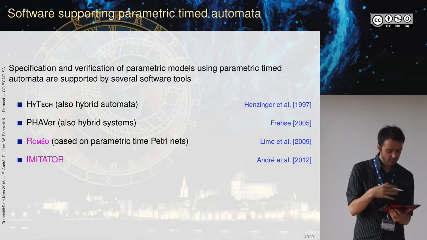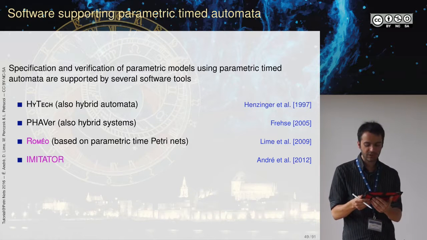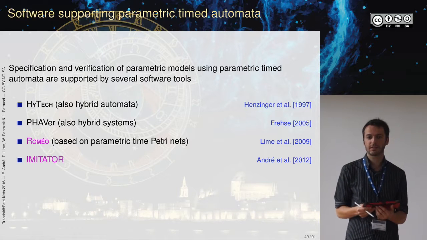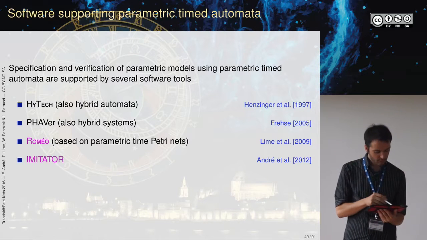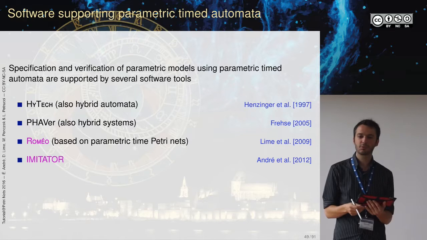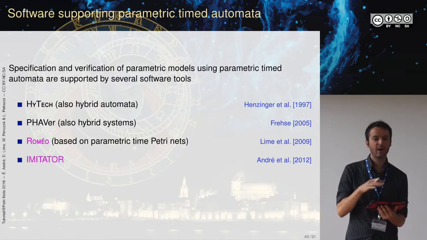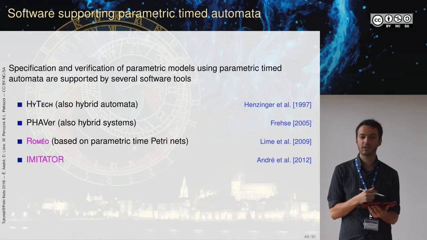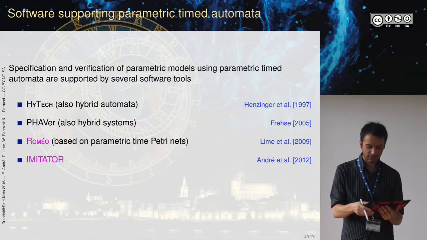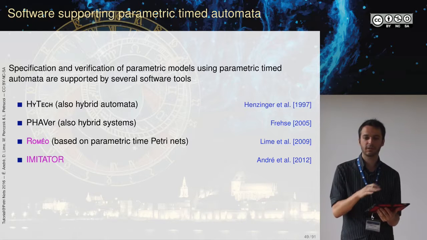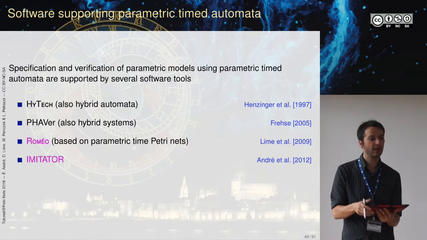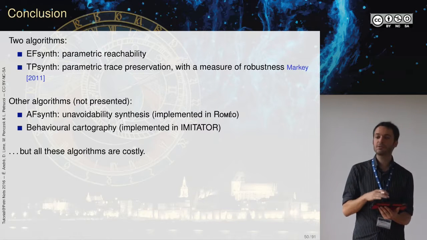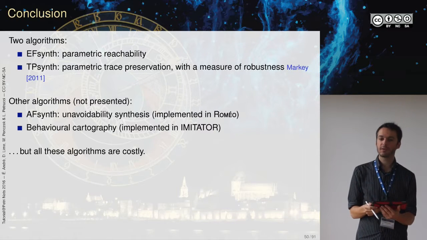Then SpaceEx and a bunch of other software on hybrid systems designed by Goran Frehse also support larger classes than timed automata. Romeo has been active since the mid-2000s and works on parametric time Petri nets, with also a translation from timed automata, if I am not mistaken. And IMITATOR is a tool that I also designed and works on parametric timed automata, and we will work on it later today.